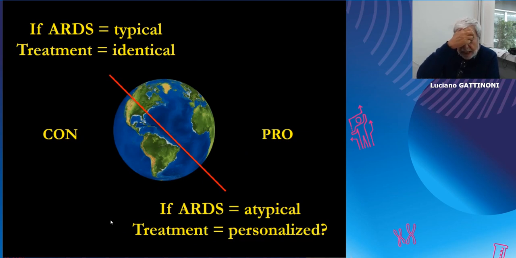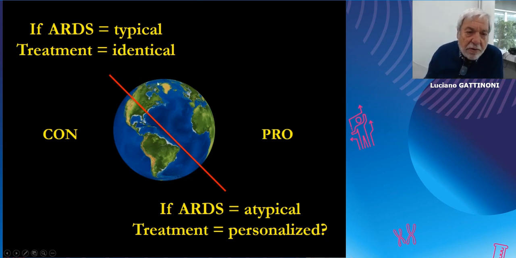Now, it's not an academic question whether ARDS with COVID is typical or atypical. If it's typical, what is the problem? You take the NIH recommendation, you take the sepsis campaign recommendation, and you say, okay, treat the ARDS of COVID as a normal ARDS.